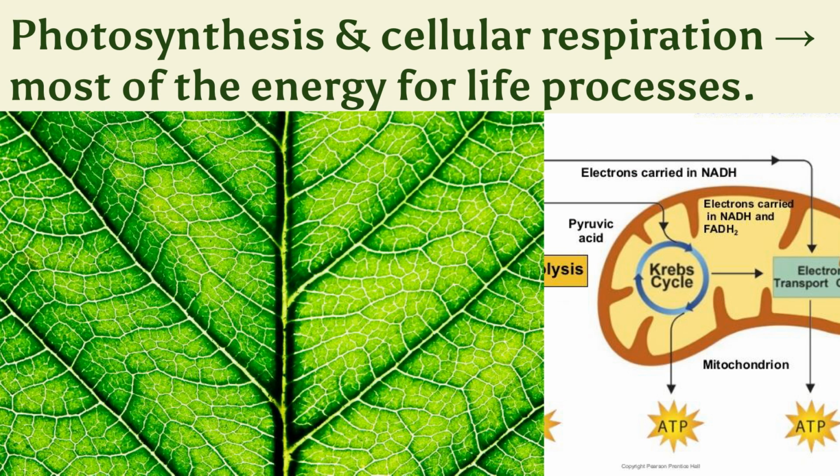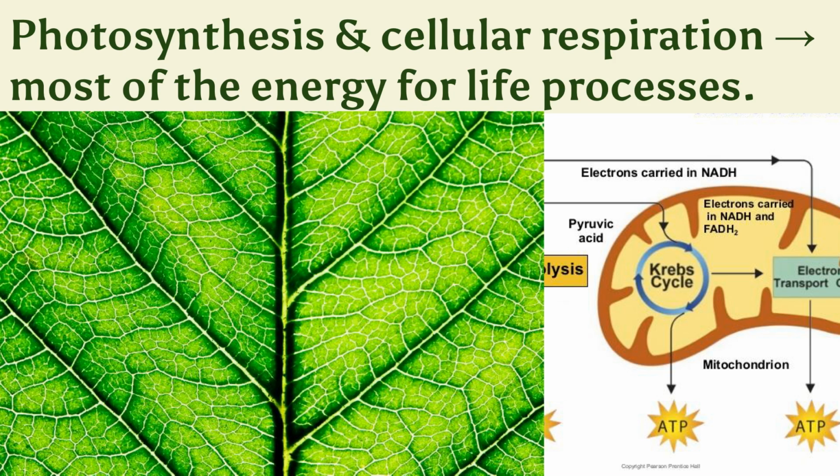All right, keep in mind, I was talking about the energy inputs. Photosynthesis and cellular respiration, which also includes anaerobic processes, are going to provide most of the energy for life processes. On the previous slide, I had listed chemotrophs, and I've also mentioned chemotrophs in some previous lessons.